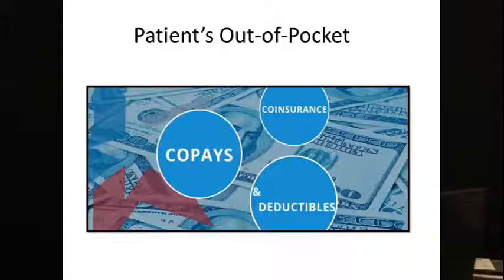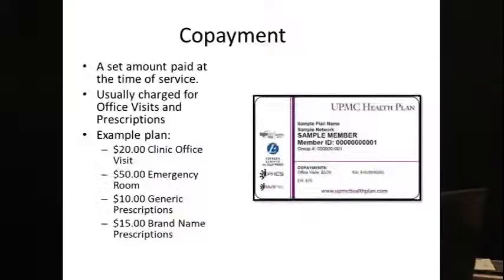There are 3 circumstances for which the patient is going to be paying out of pocket for services and procedures. And those are, number 1, the copay. We talked a little bit about this last week, but I wanted to make sure that we go over it and that you understand it.